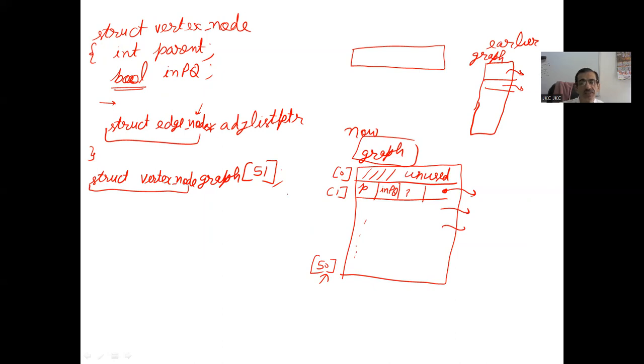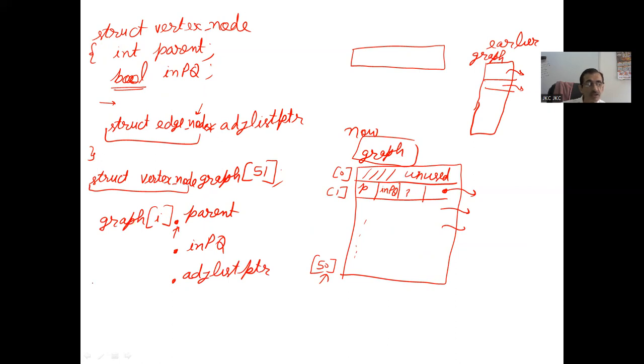In this, the one significant point to be taken care of is that whenever you have to refer to any field of this structure, you will use a dot. For example, graph[i].parent, graph[i].inPQ, graph[i].adjListPointer. Remember, it is dot field. You will not use an arrow here. Arrow you use only when you use a pointer declaration.